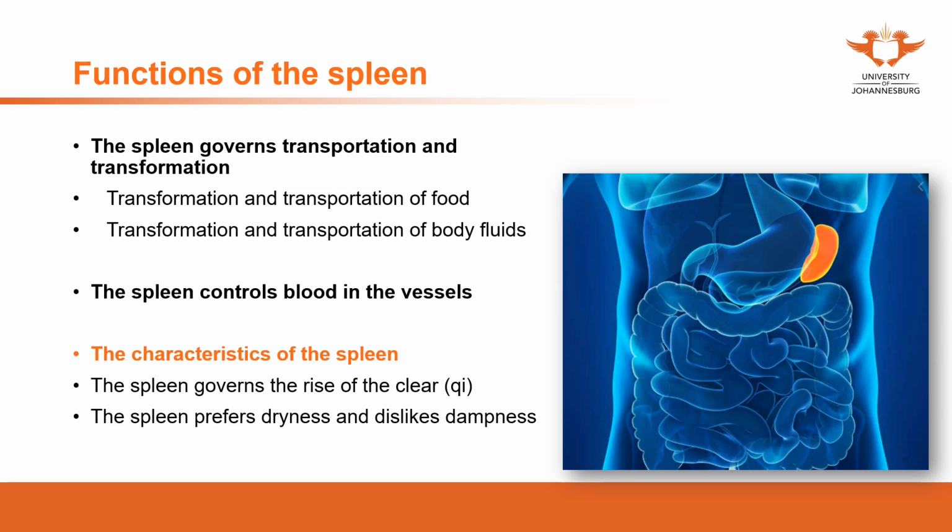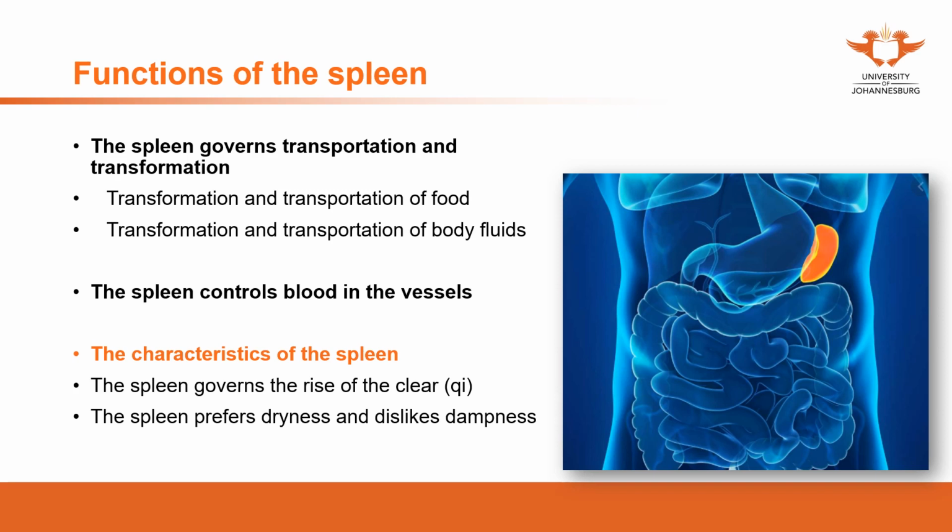Previously, when we talked about the heart function and the blood, I said that the middle jiao received the qi. The qi was transported upwards to the heart, and the heart transformed the qi into red color. Then we call the red color qi the blood. In this process, the qi in the middle jiao is transported upwards to the heart.